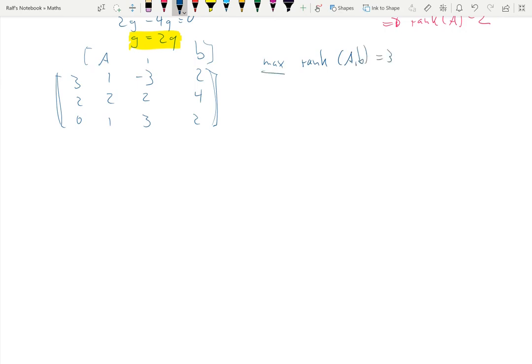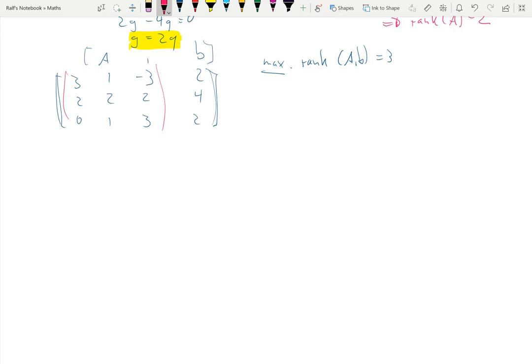Now the maximum possible rank of (A, B) is still 3. Okay, the maximum possible rank. So we can have a maximum of 3 linearly independent columns. Now we already established above that between these 3 columns in A, only 2 are jointly independent. And the third wasn't.